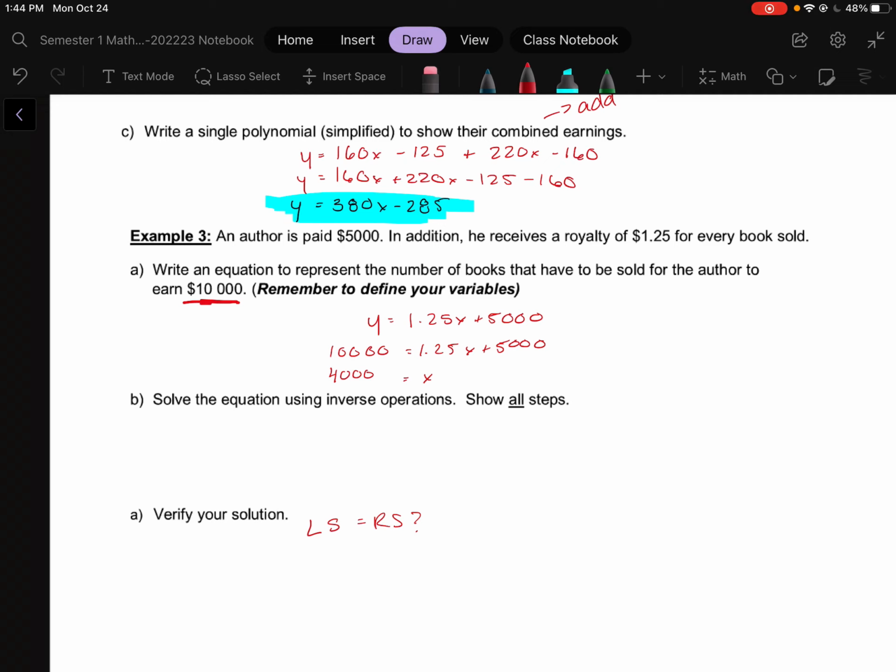Then you should have shown all your steps in this equation to get x equals 4,000. Left side equals right side. It does. So therefore, x equals 4,000. Oops, can't type. 4,000 is the solution.